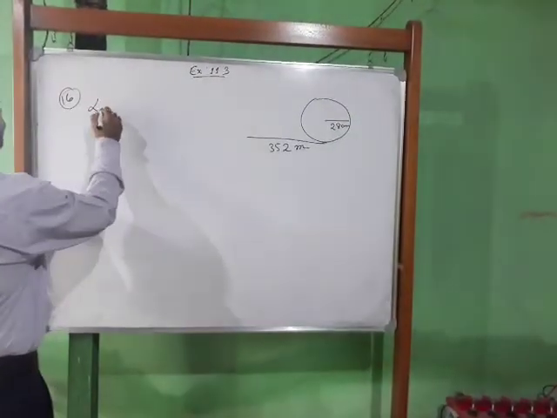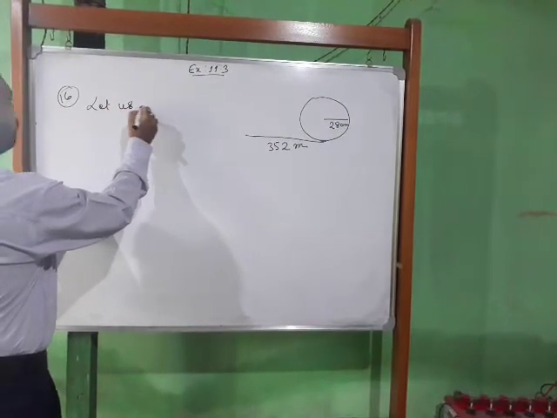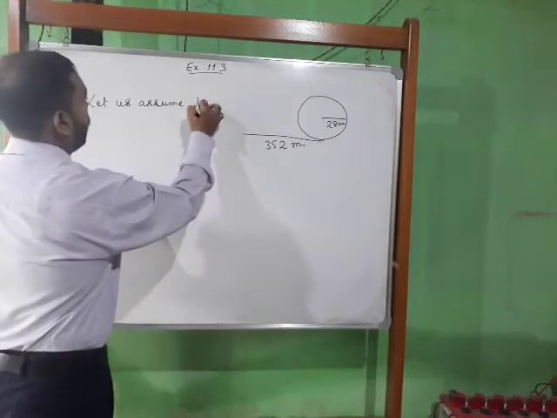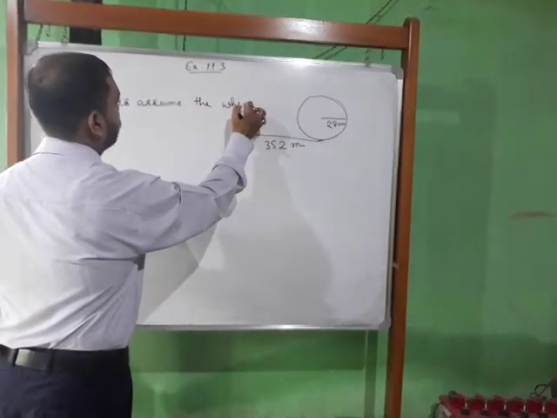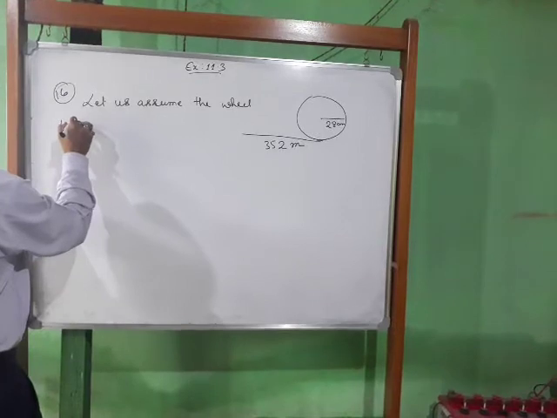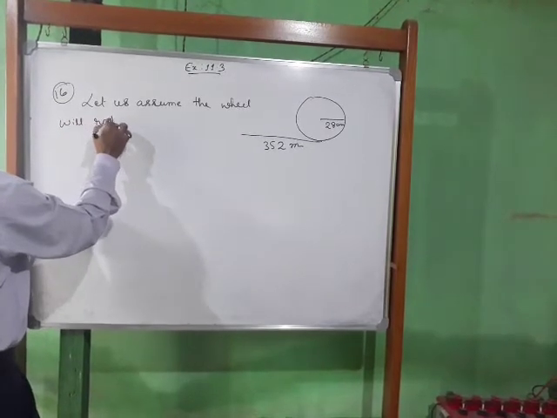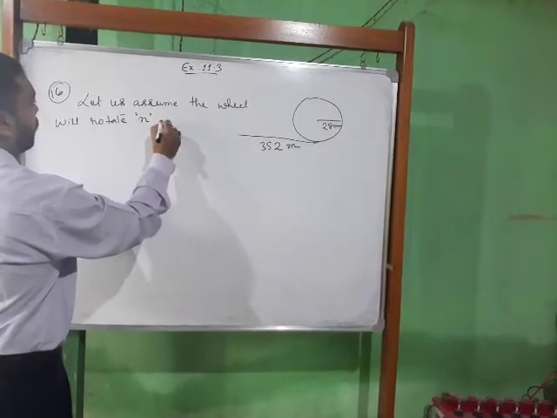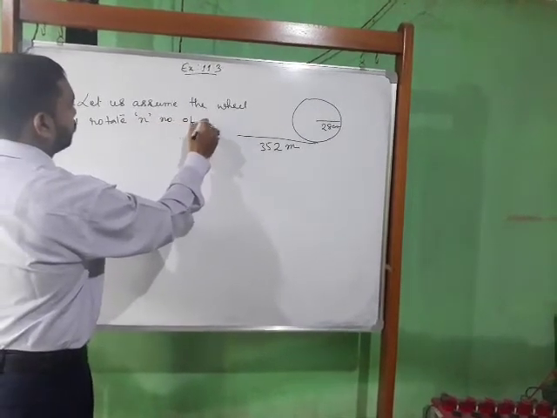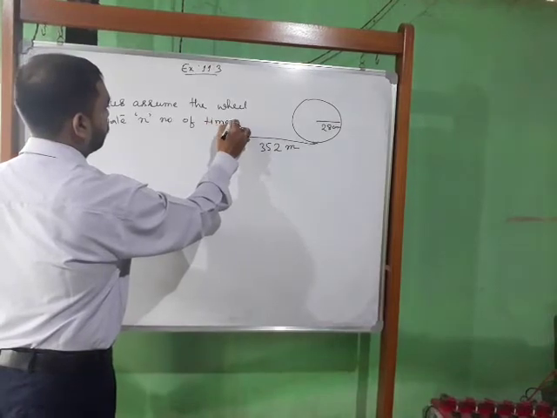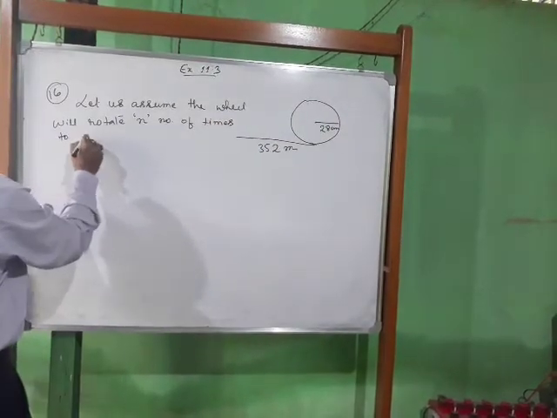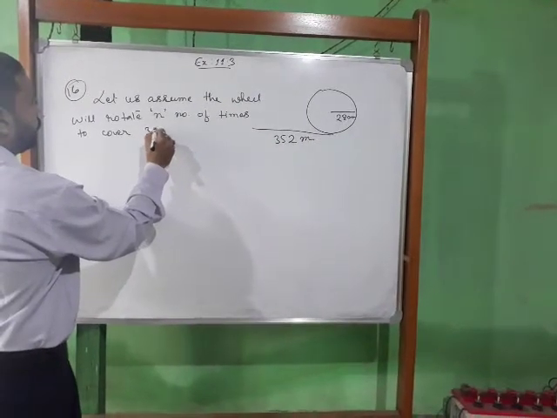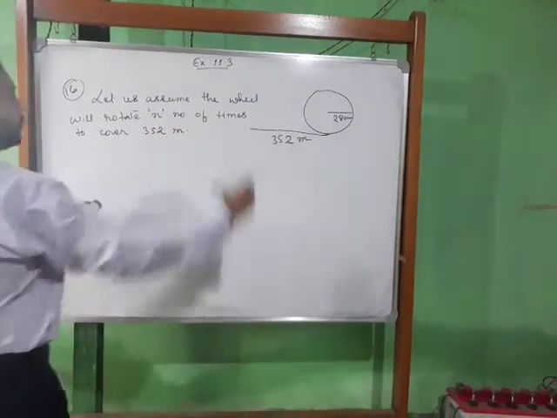So let us assume the wheel will rotate n number of times to cover 352 meter.